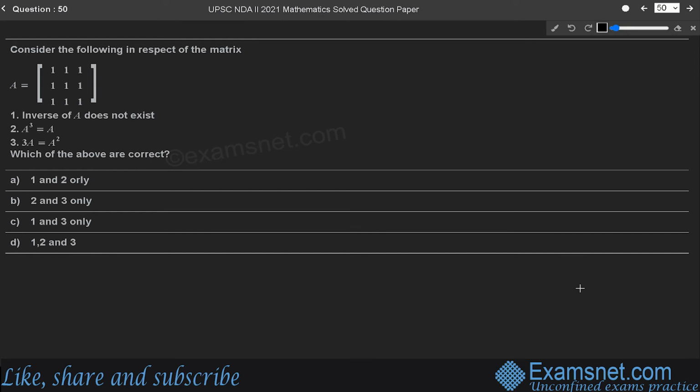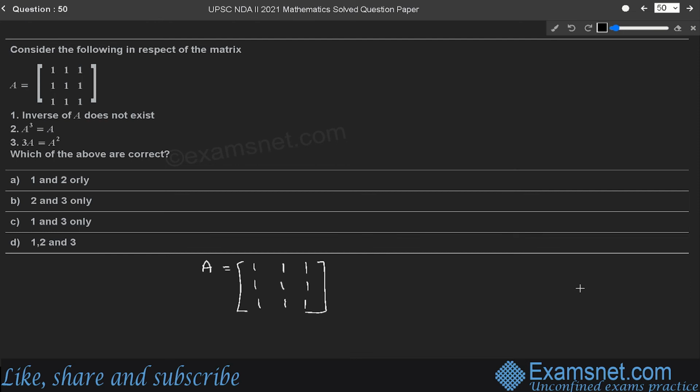Next question is, consider the following in respect of the matrix. A matrix is given, which is A equals 1 1 1, 1 1 1 and 1 1 1. Then we have to consider all the statements and say which of the statements is correct.